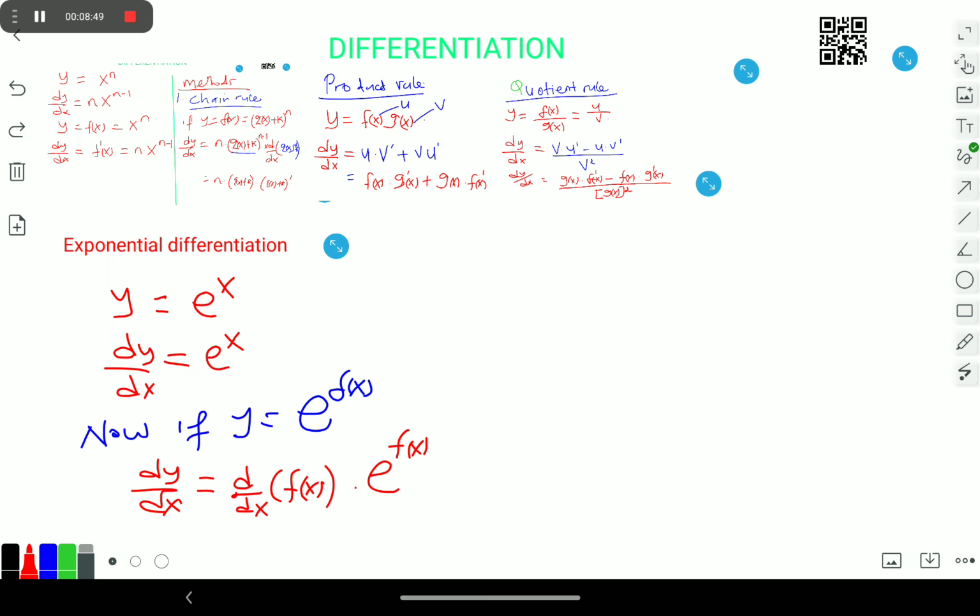Or someone can have it in the form of dy/dx equals f'(x) times e^f(x). That is just the exponential differentiation, as it is summarized like that.